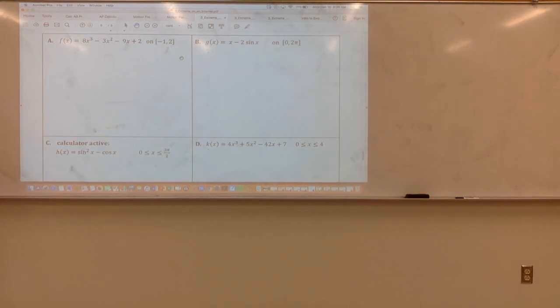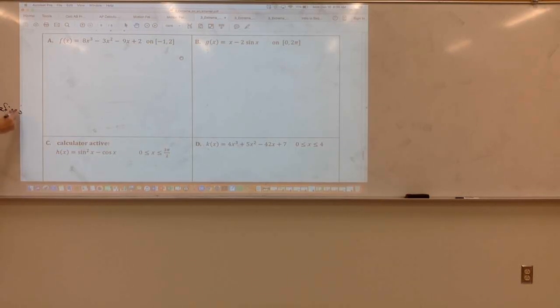We were trying to find a bunch of different types of points that we needed to test: endpoints, points where the derivative equals 0, and where it is undefined.